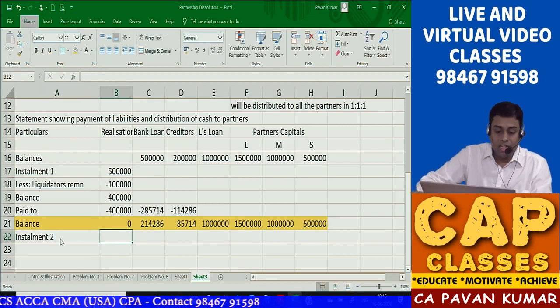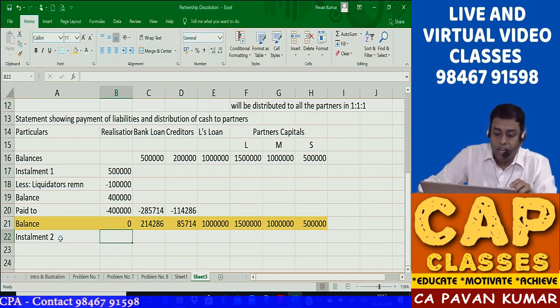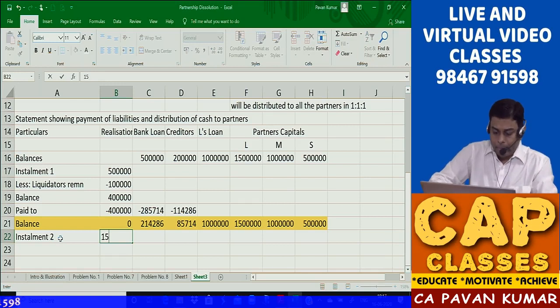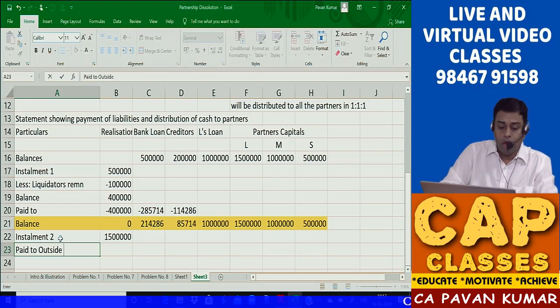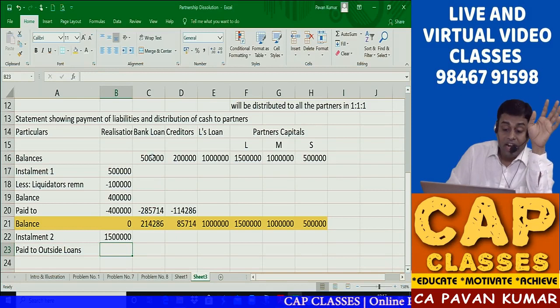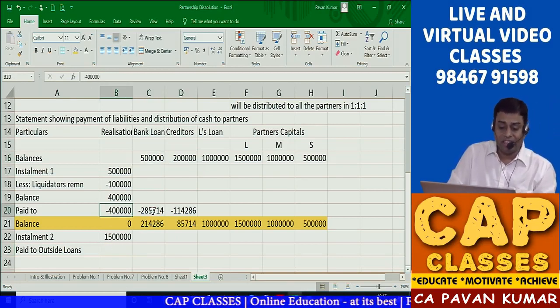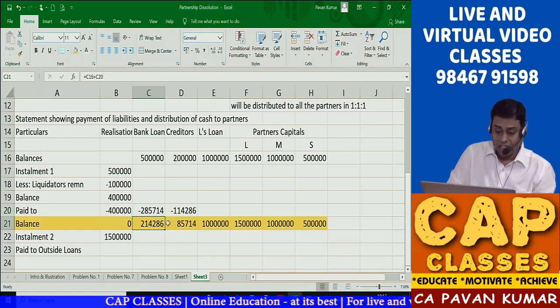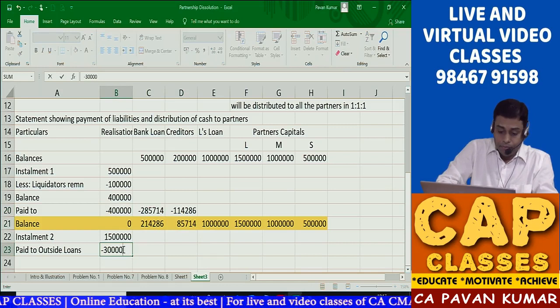Installment 2, what is the amount you got? 15 lakhs. Correct? Installment 2, you got 15 lakhs. First pay to outsiders, outside loans. How much? See, out of 7 lakhs of loans, you paid 4 lakhs. So still 3 lakhs is pending. These 2 put together is 3 lakhs. No. So that 3 lakhs you will pay first. Minus 3 lakhs.